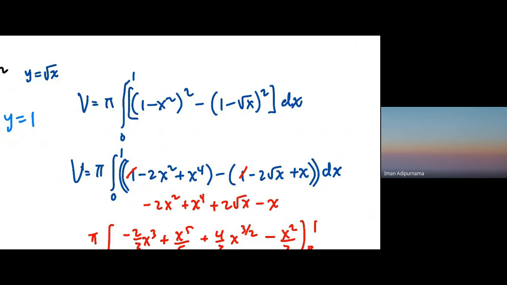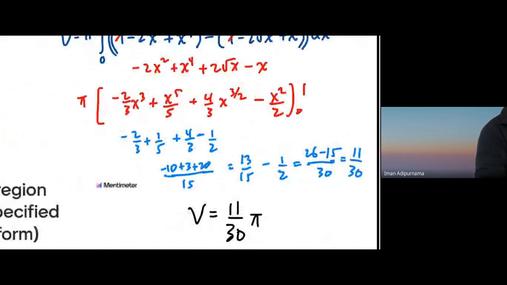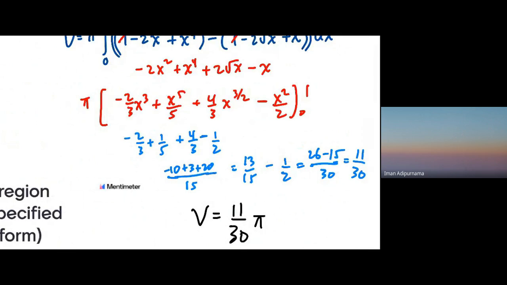The second one is 1 minus square root of x, then squared. The radius squared, and then dx, the height of the disk. You can formulate and calculate those, and we get 11 over 30.